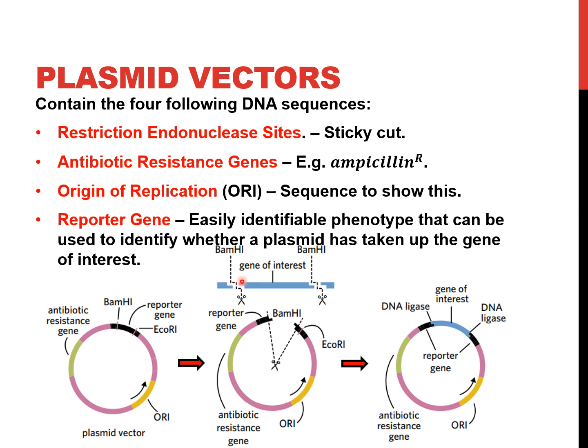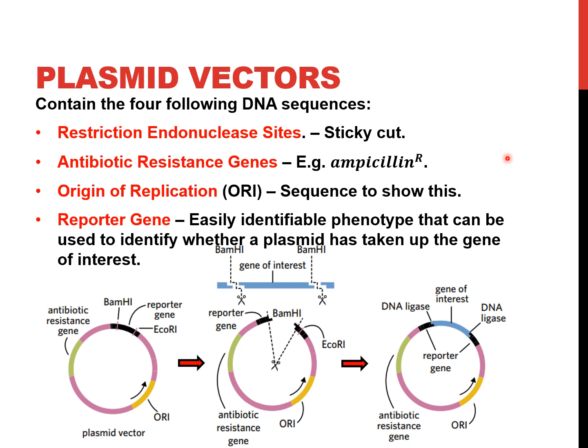As you can see, it's that Z shape, the cut. BamHI or EcoRI is that Z shape, that sticky end cut. And that's easier to put back together. That's why it's a sticky cut. Through the form of the H bonds between the complementary base pairs and DNA ligase connecting the bonds between each of the nucleotides there.